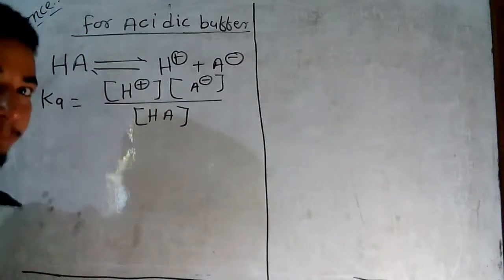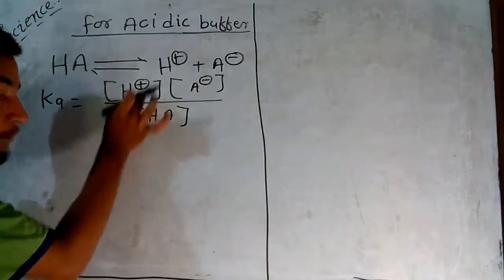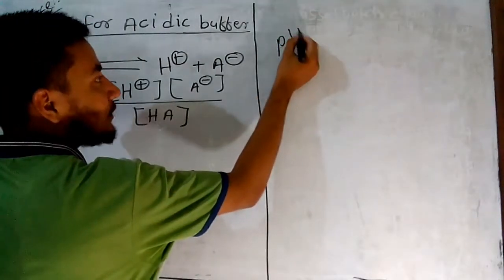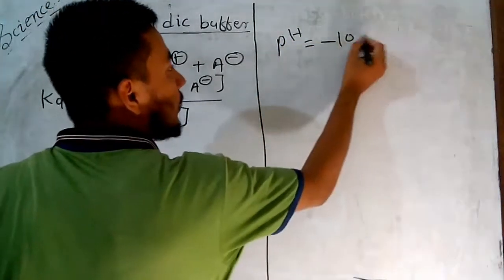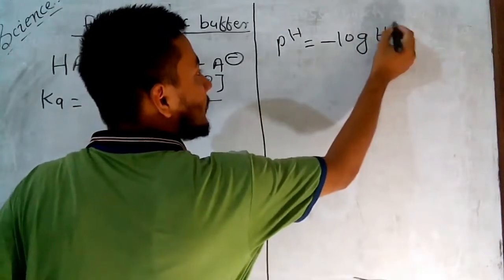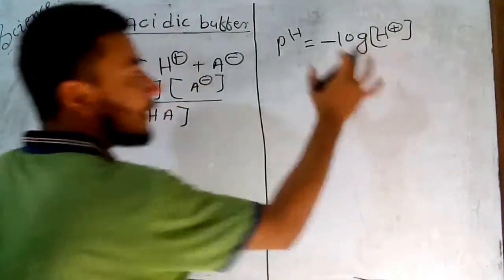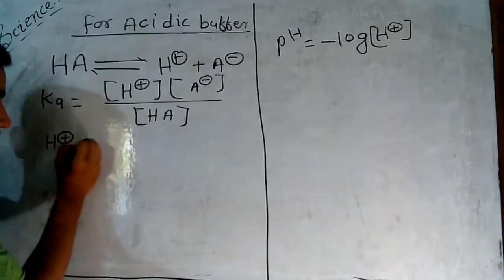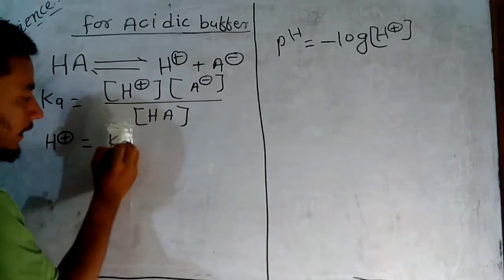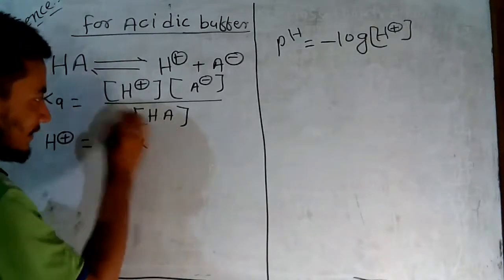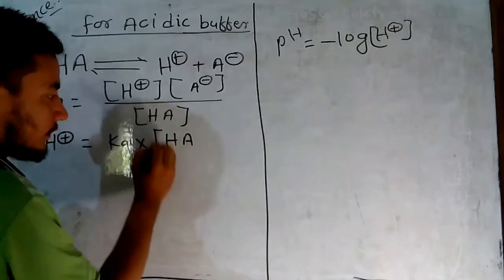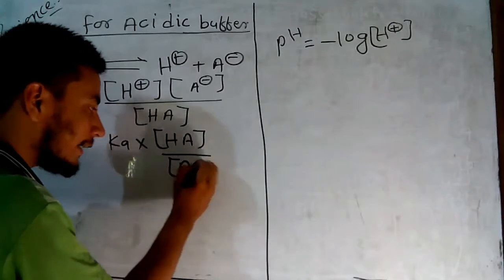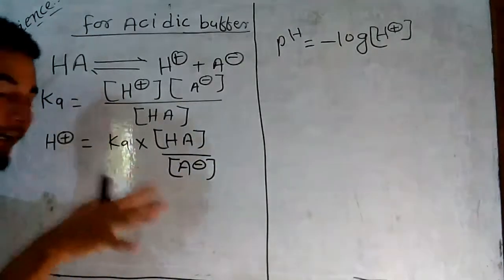Now we have to find pH, and pH equals minus log of the H plus concentration. So first find the value of H plus, which from this Ka expression is Ka into HA divided by A minus.